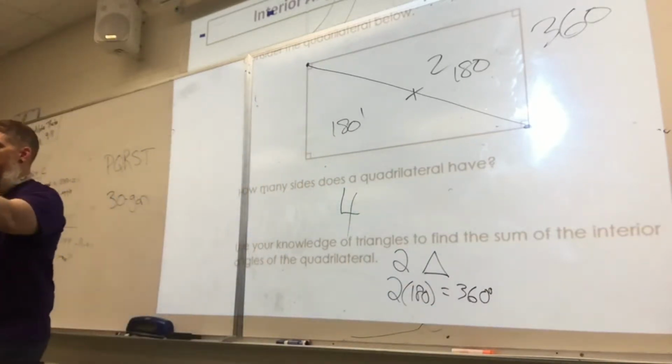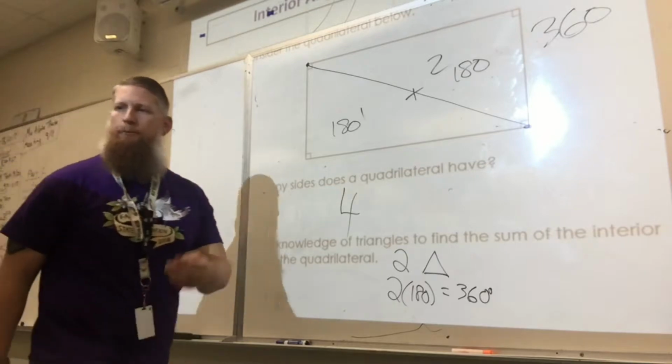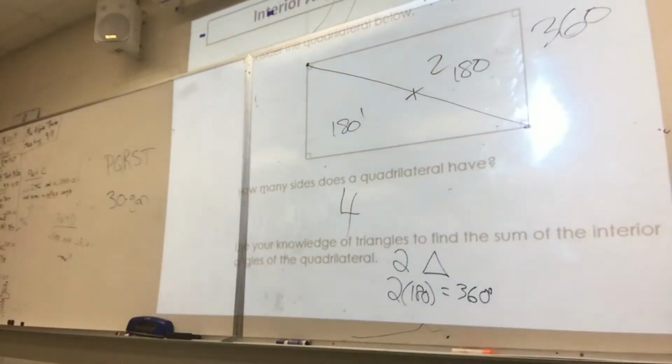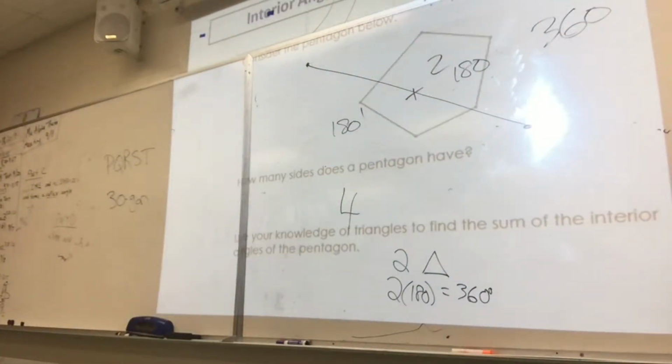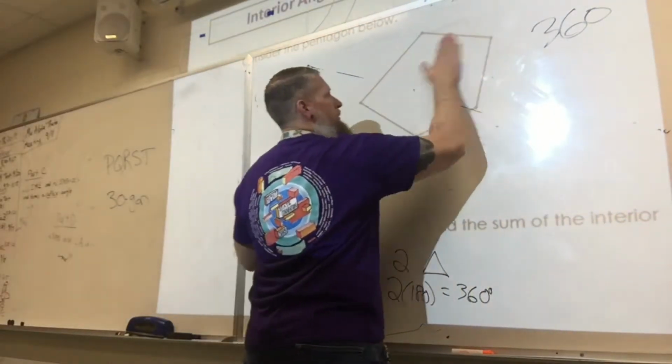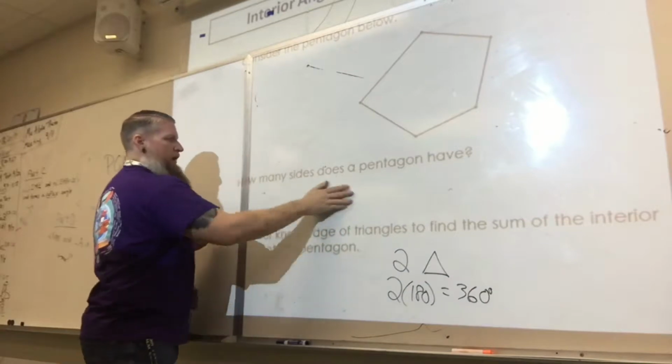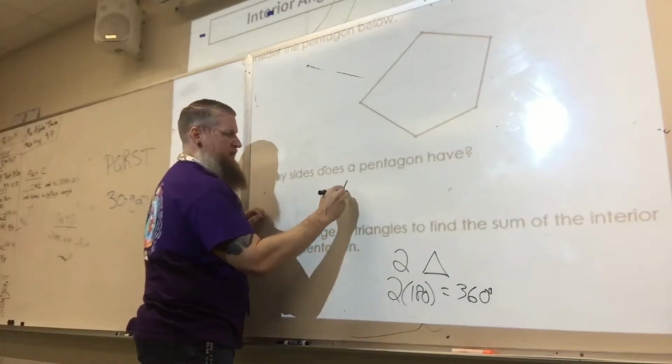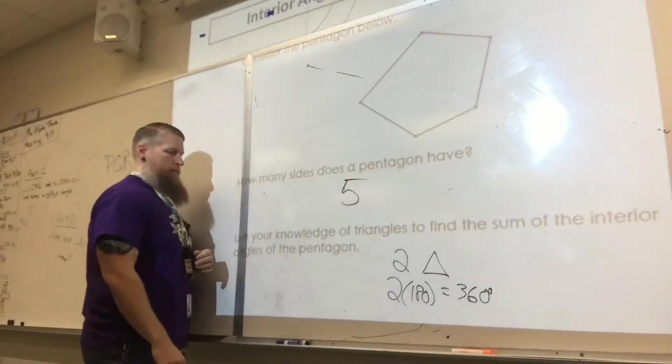So if I move to the very next part, which should have a pentagon there now, with the 5 sides, right? You should see this one here. It's asking you the exact same problems: how many sides does it have? It's got how many sides? 5.